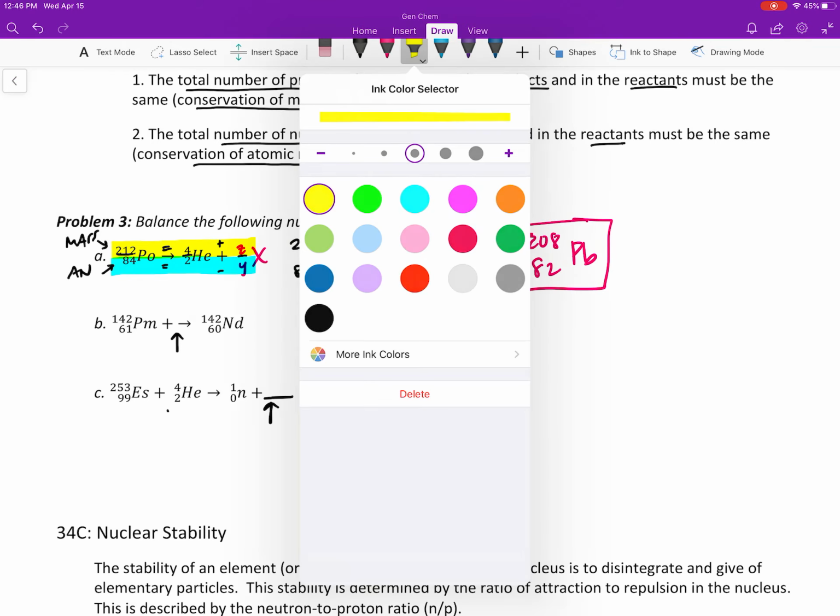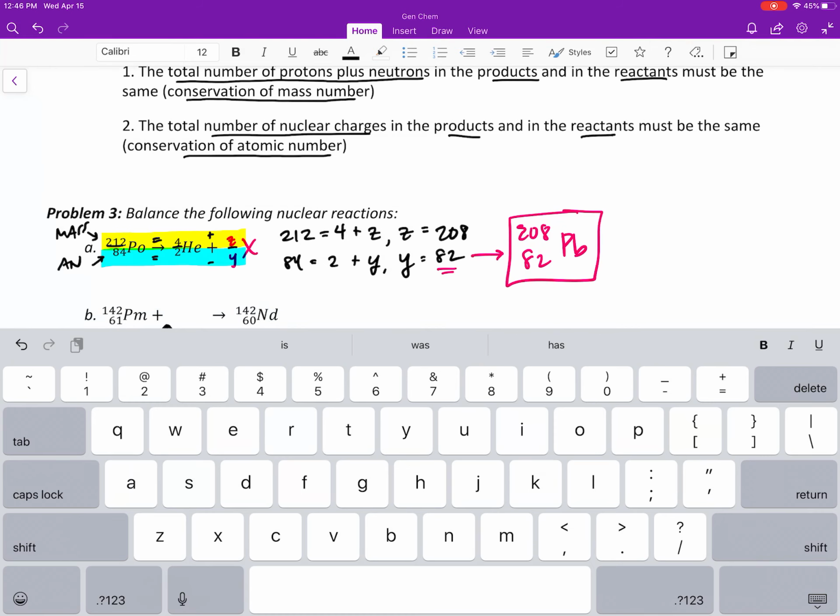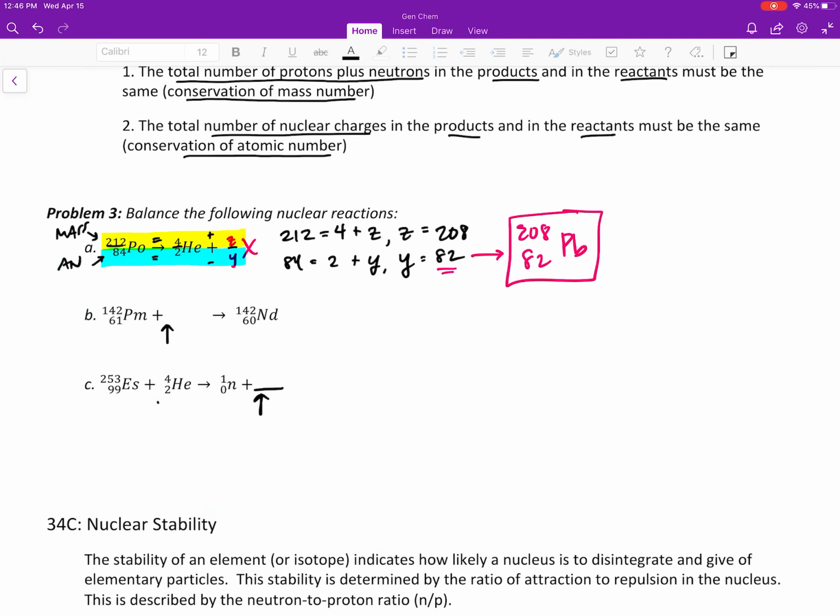So let's do the top numbers. Technical difficulties.